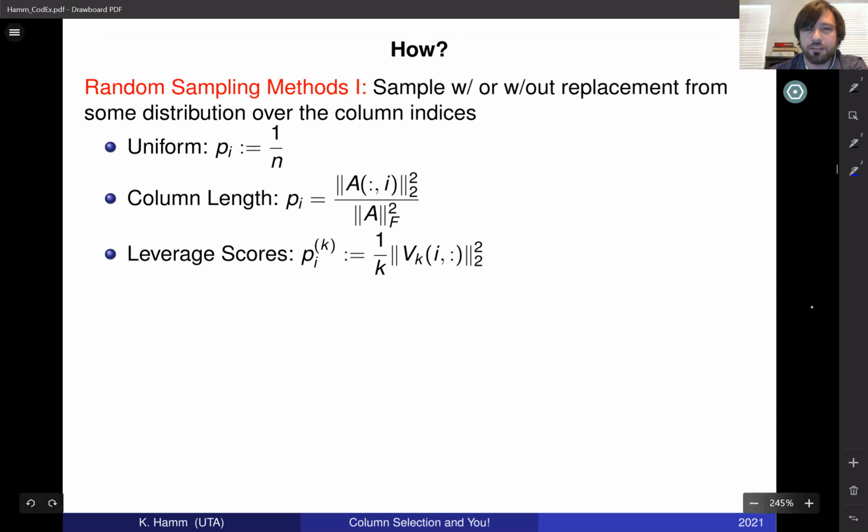Leverage scores are in some sense the optimal distribution to choose from, even though they're the most expensive. Okay, and each one has pros and cons. For instance, with column length, I could have a lot of linearly dependent columns that are large, and then a few linearly independent columns that are important but have small magnitude, and sampling by column length could be really bad in this instance.